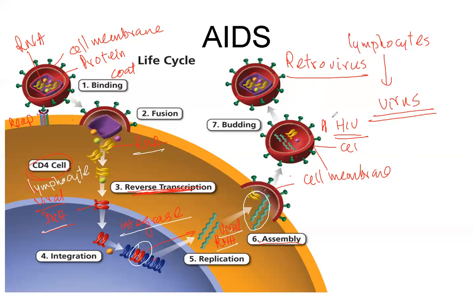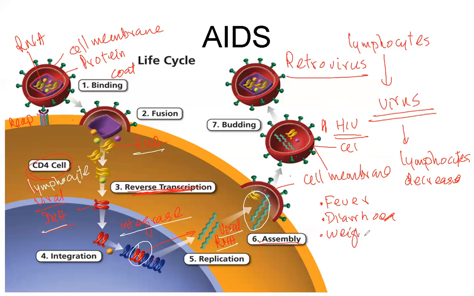And over a period of time, all your lymphocytes die. That means in your body, lymphocytes decrease. When your lymphocytes decrease, you start getting symptoms. Remember, it takes 10 to 15 years for the symptoms to appear. It begins with fever, or it could be diarrhea, or it could be sudden weight loss.